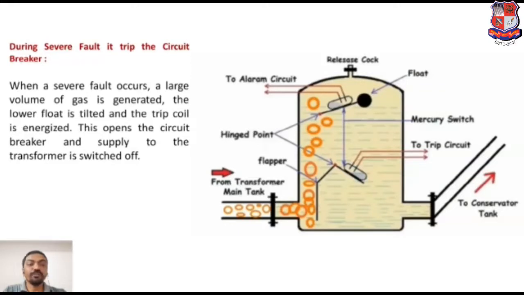And so the lower mercury switch is tilted and the trip circuit is closed, so the trip coil is energized and immediately the circuit breaker is tripped. So in case of severe fault, the circuit breaker is immediately tripped. So incipient fault gives alarm, and in case of severe fault, the circuit breaker is tripped. Okay, so this is the function of the Buchholz relay.